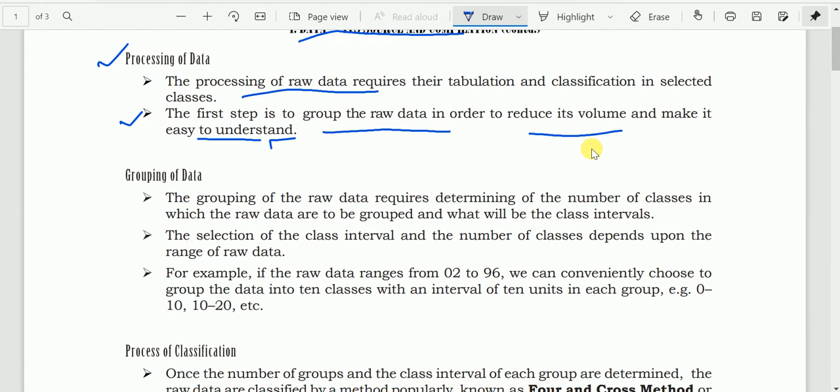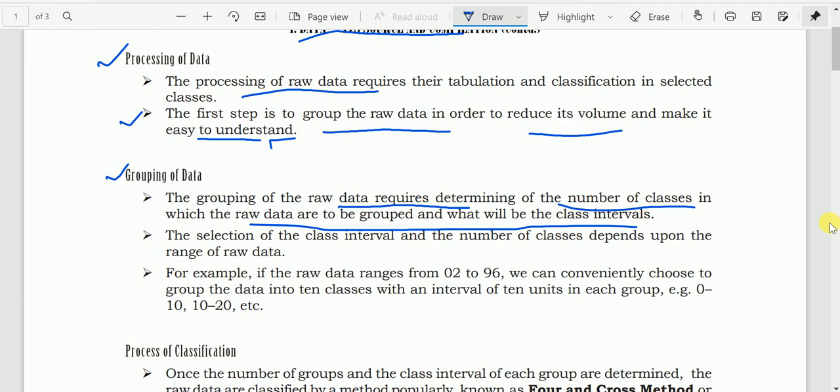Next we have this grouping of data. See, grouping of raw data requires determining the number of classes in which the raw data are to be grouped and what will be the class interval.